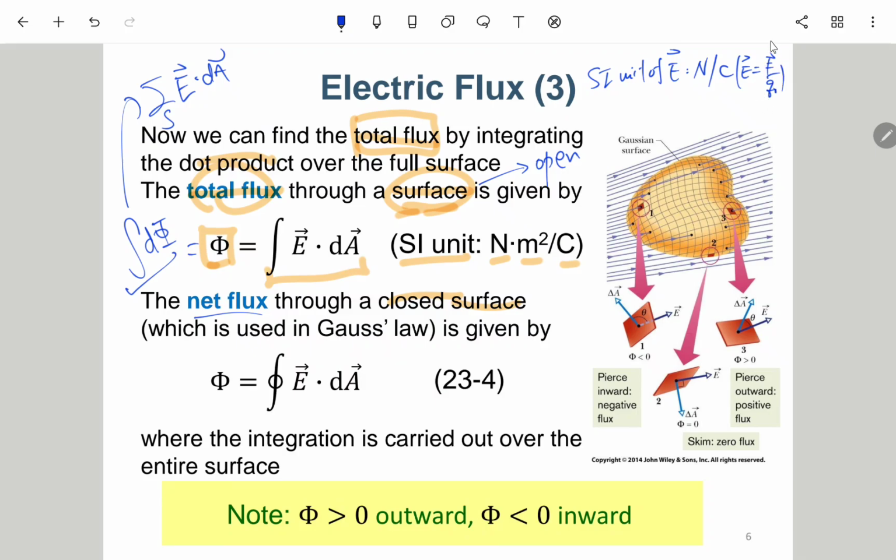F is force, whose SI unit is Newton, and for the charge the SI unit is Coulomb, so N over C. And the SI unit for area is meter squared. Altogether, N times meter squared over Coulomb. This is the SI unit for phi.